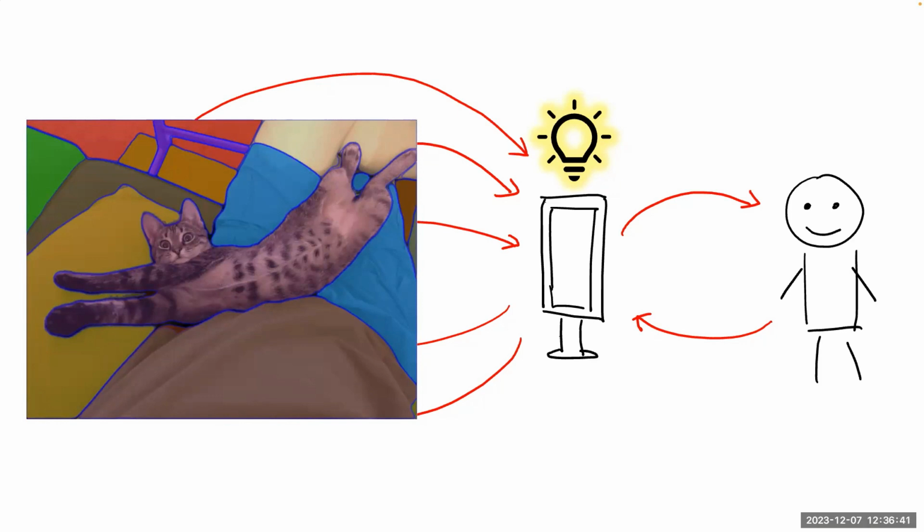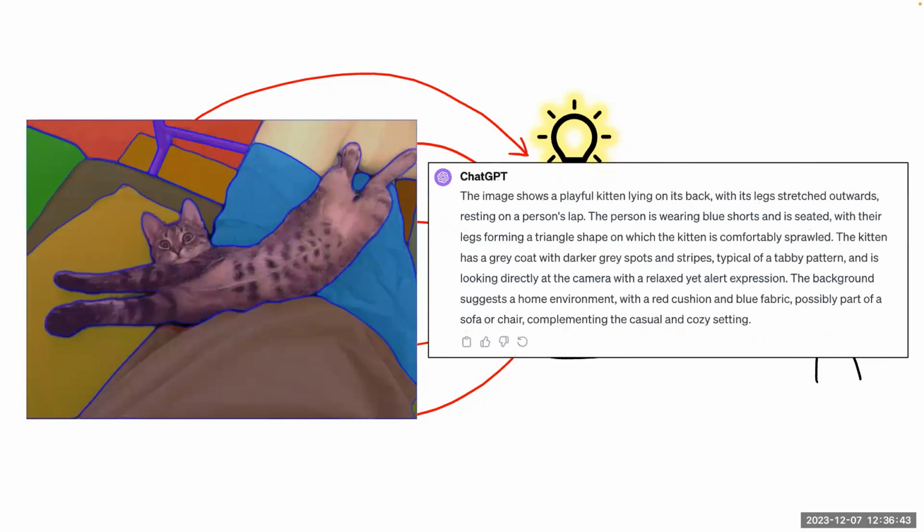Not just that, computers also make sense of what is happening there. It says that the image shows a playful kitten lying on its back with its legs stretched. There is more information and better understanding of what is actually happening in the real world.